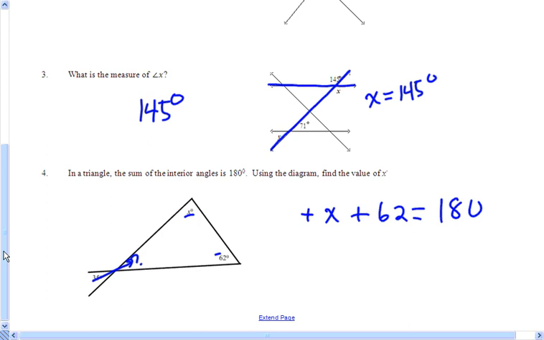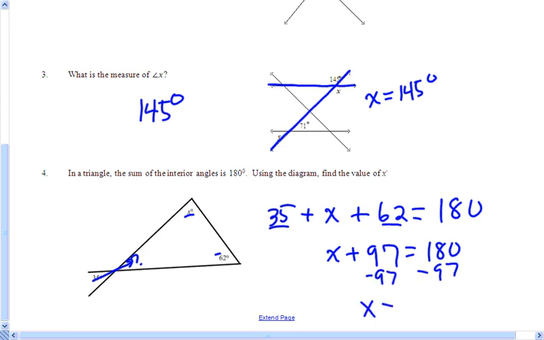So I know two of the angles of the triangle are 35 and 62. If I add 35 and 62, I get 97. And so the missing angle is just 180 minus that 97, which is 83.